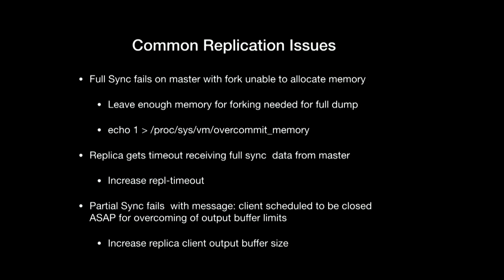With the modern operating system and copy on write semantics, all the memory pages are shared between your master and the fork process. So only on modification does more and more memory get used up. So it is possible to actually fork your process with a minimal amount of memory.